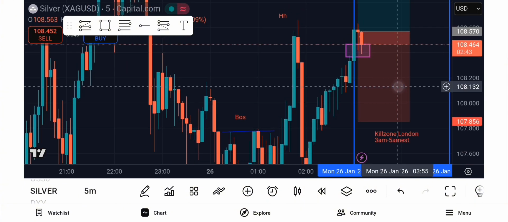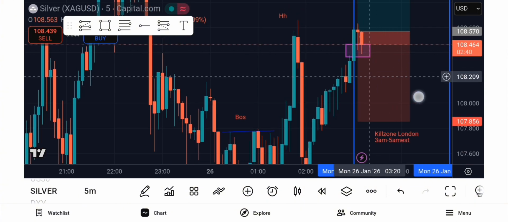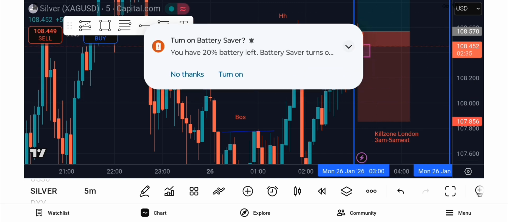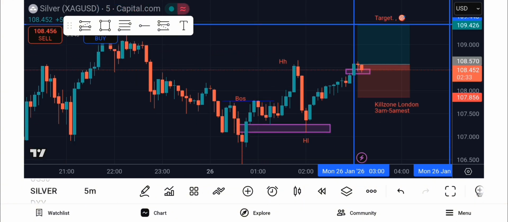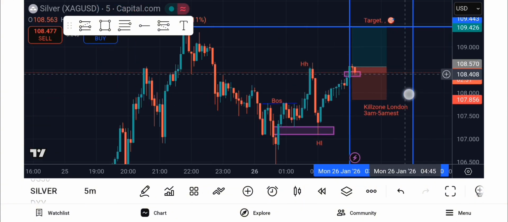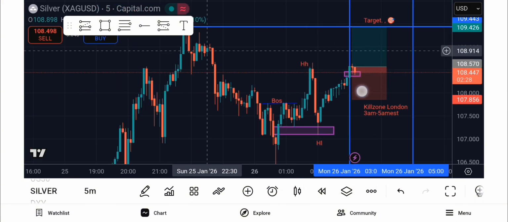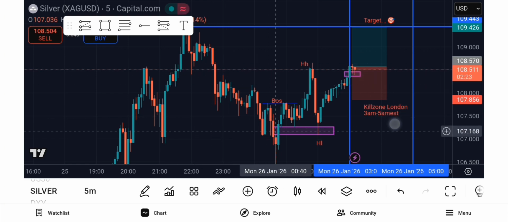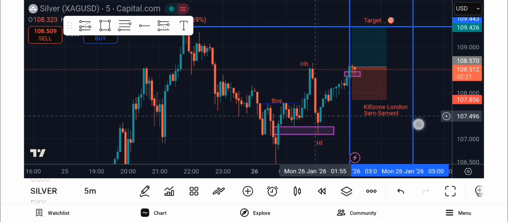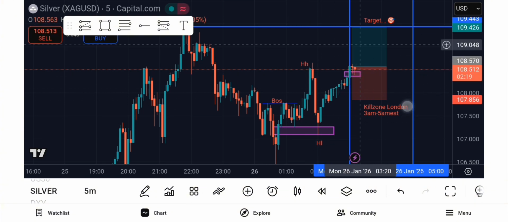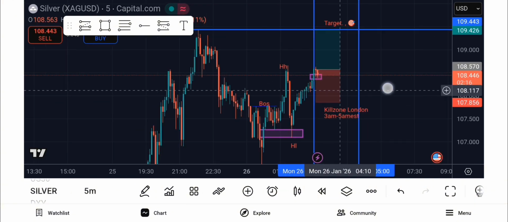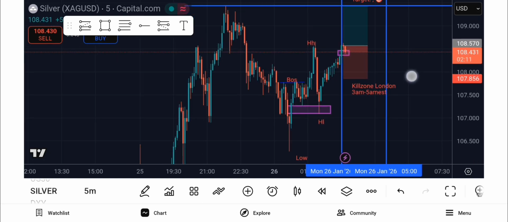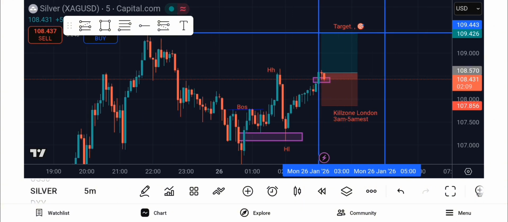So there's a possibility it might come back down a little bit, maybe even come down here a little bit and then push up, because of these two fair value gap areas right here. But at the end of the day, the trend is up. So it's a bullish trend. So I'm confident that it's going to continue up. So we just have to see what happens.